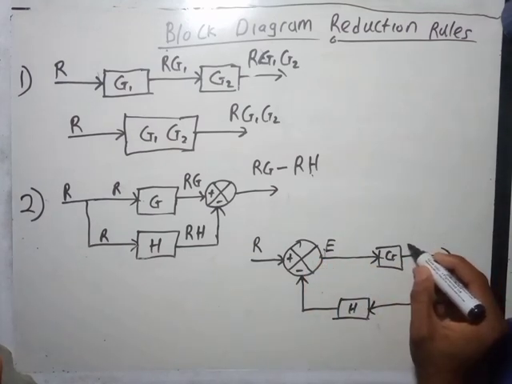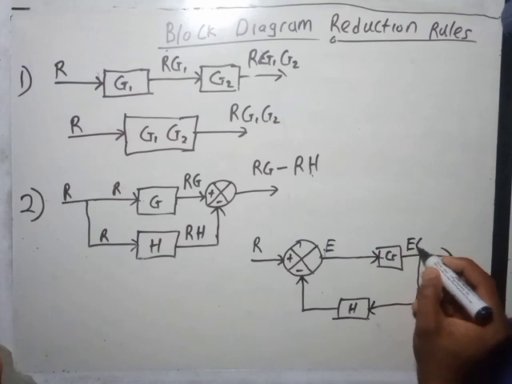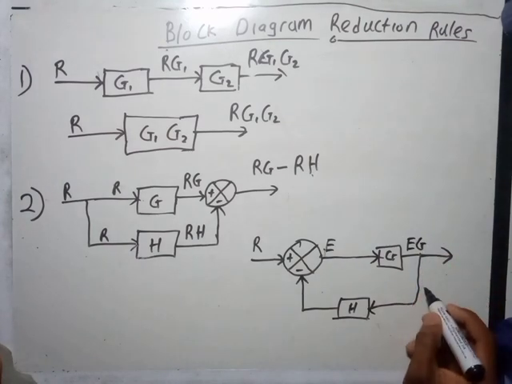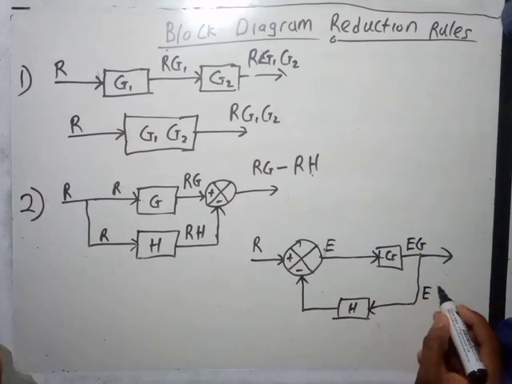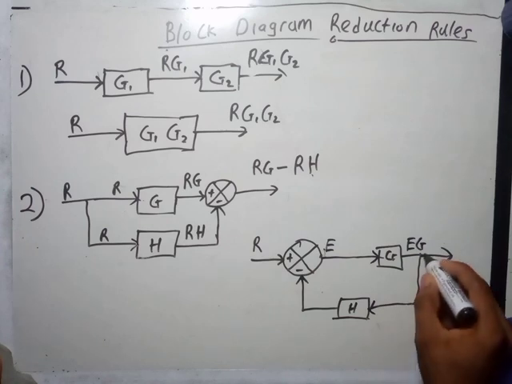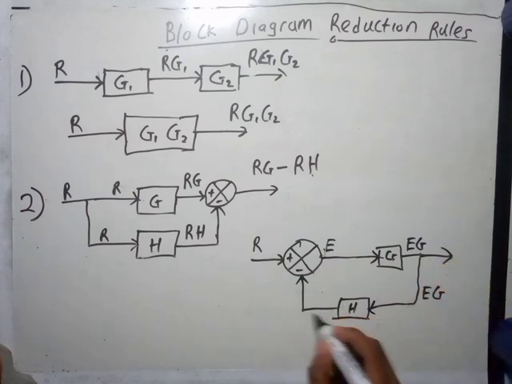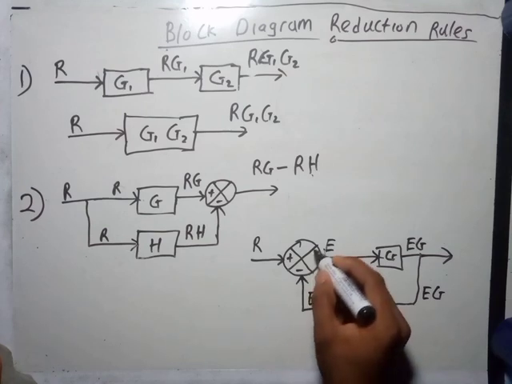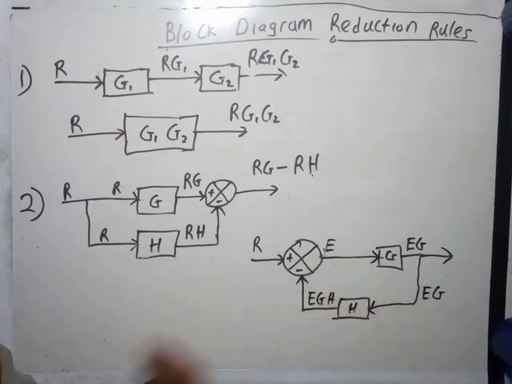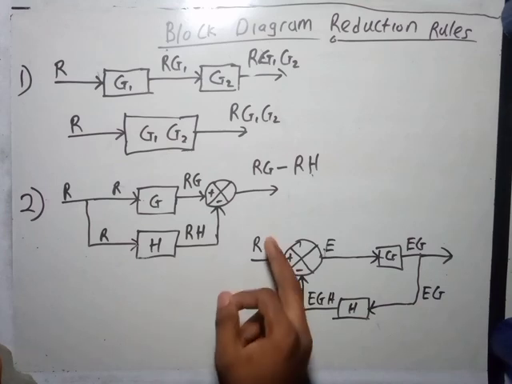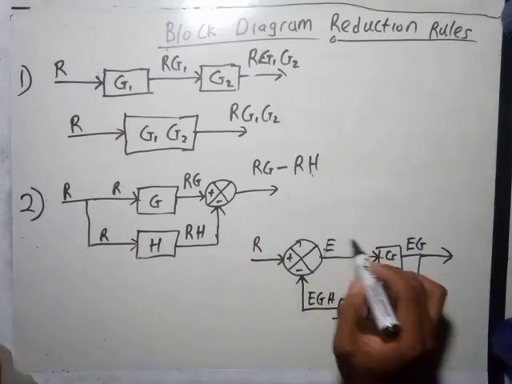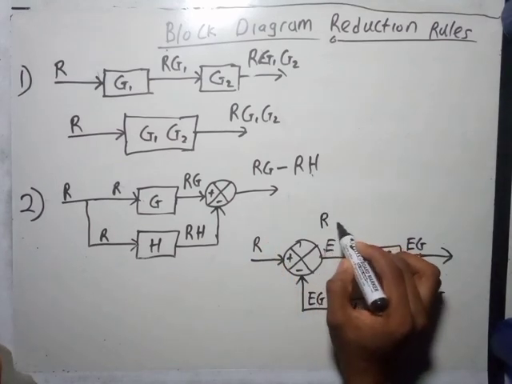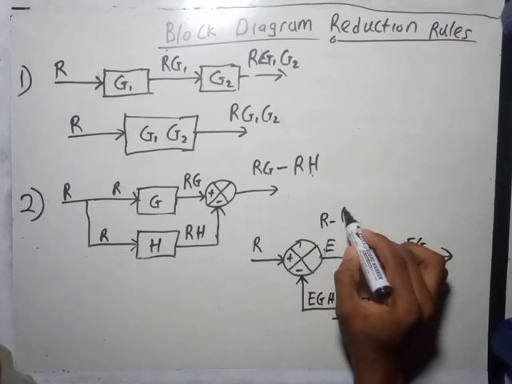As it comes out here, it becomes EG. Now that EG is what is being tapped from here, and when it crosses it becomes EGH. It comes back here, subtracts itself from the R, and you end up having R minus EGH.